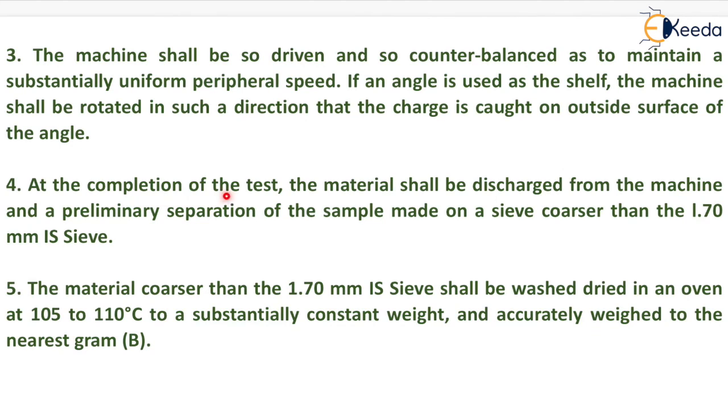At the completion of the test, the material shall be discharged from the machine and a preliminary separation of the sample made on a sieve coarser than the 1.70 mm IS sieve. The material coarser than the 1.70 mm IS sieve shall be washed, dried in an oven at 105 to 110 degrees Celsius to a substantially constant weight and accurately weighed to the nearest gram, that is B.